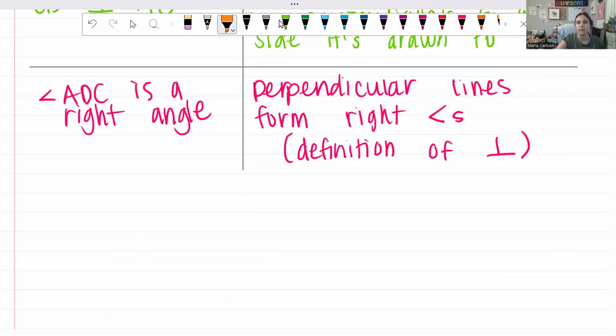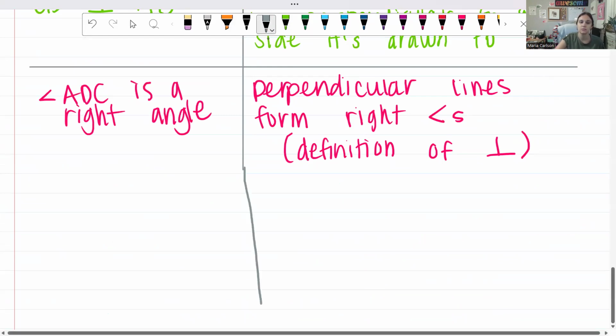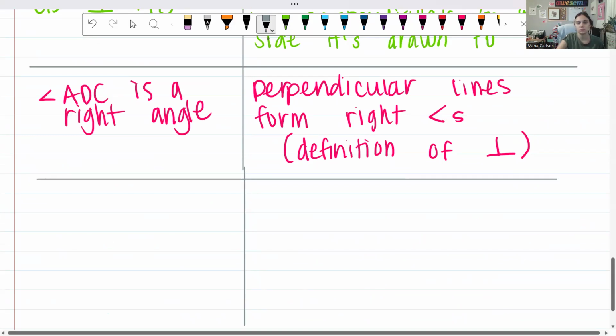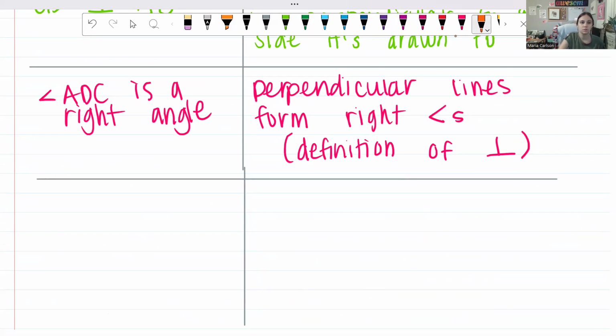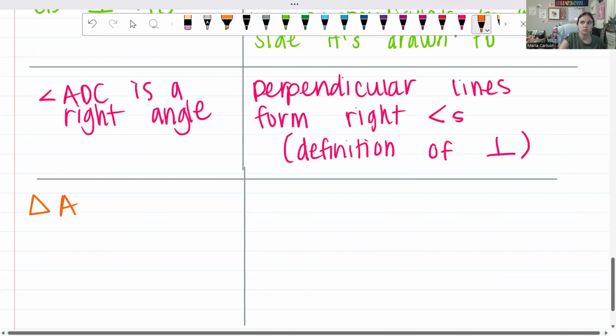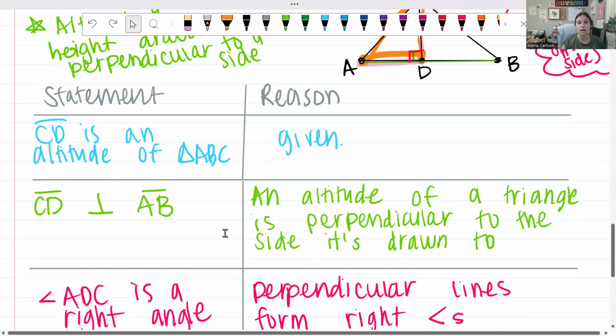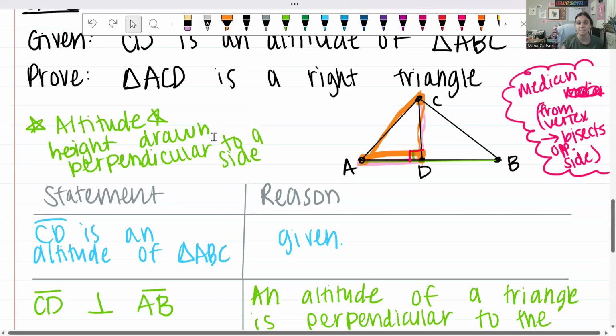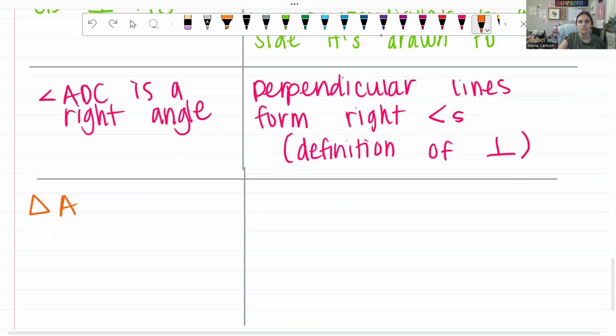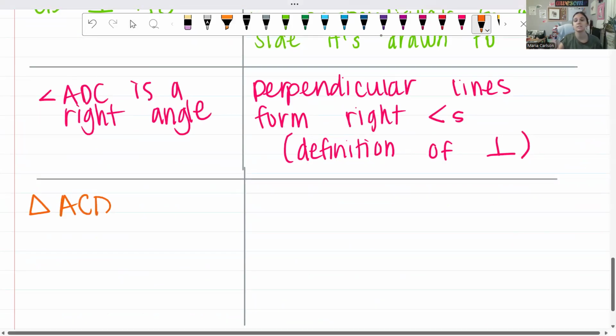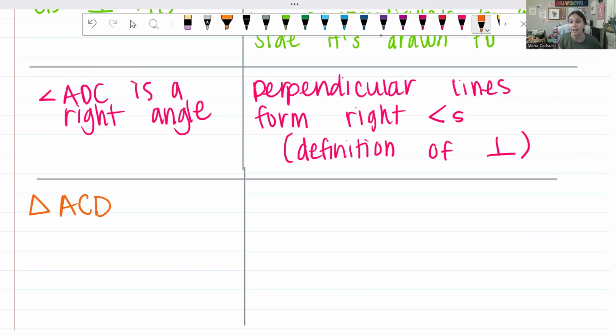I'm going to go back to the problem. The problem actually said originally ACD. I switched it up in my head. So it's ACD. I'm just going to use the exact order they did just to keep it specific. Not that it's different if I said ADC, that's the same triangle. It would be a different angle, but it's the same triangle.